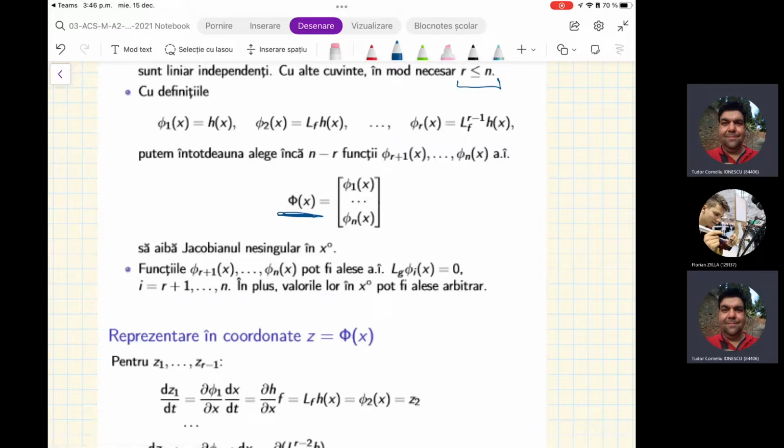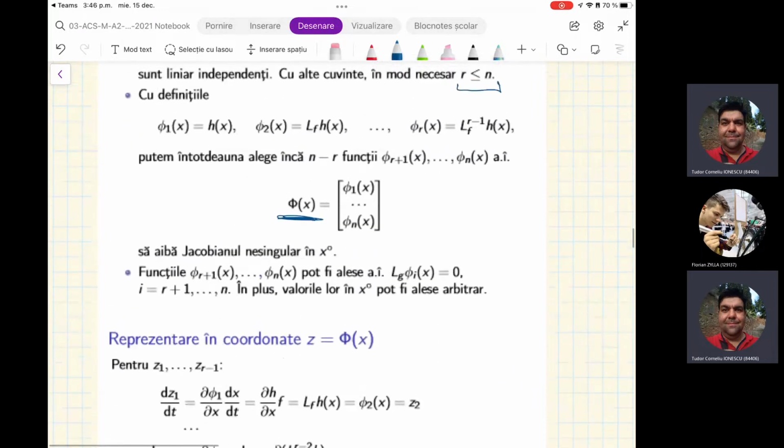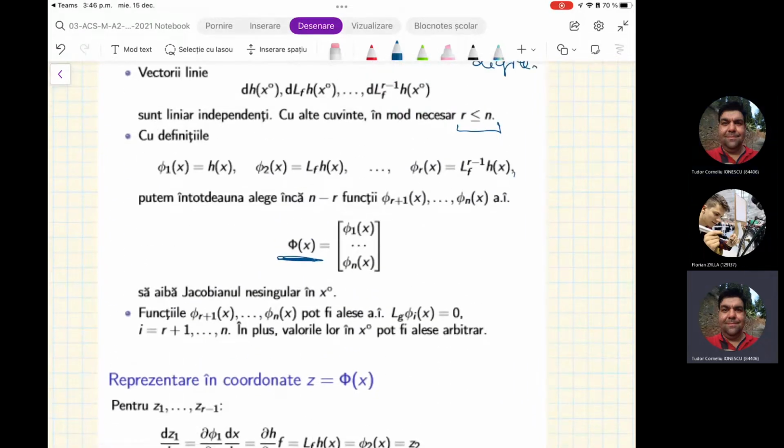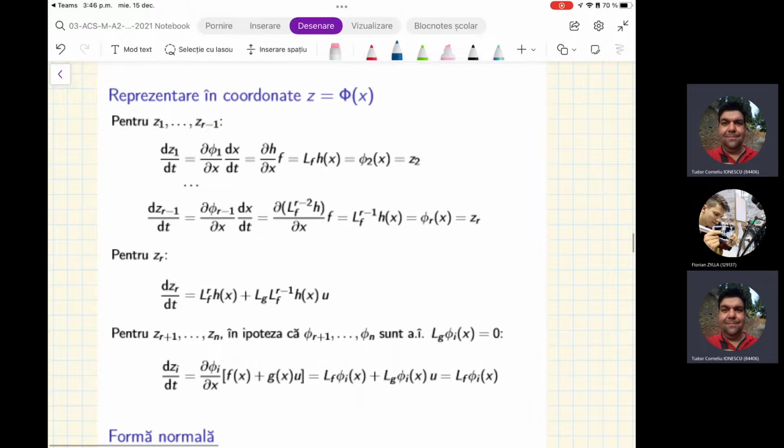Note that all these functions can be chosen such that LGφi equals 0. Furthermore, the values in x0 can be arbitrarily chosen. Hence, with this phi made of these ingredients, we build up a coordinate transformation.